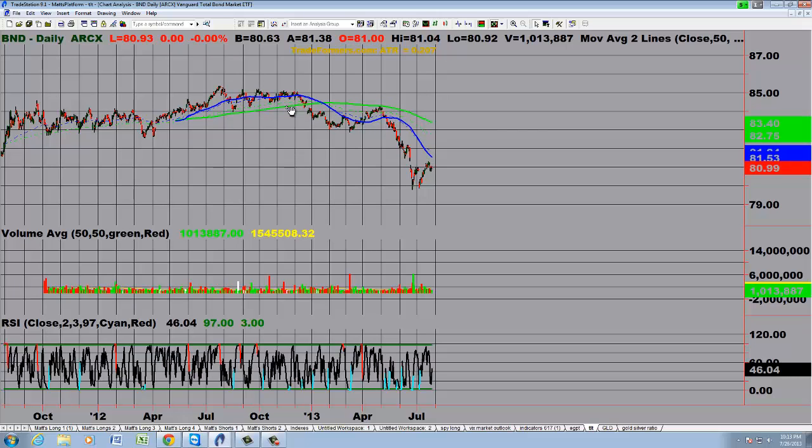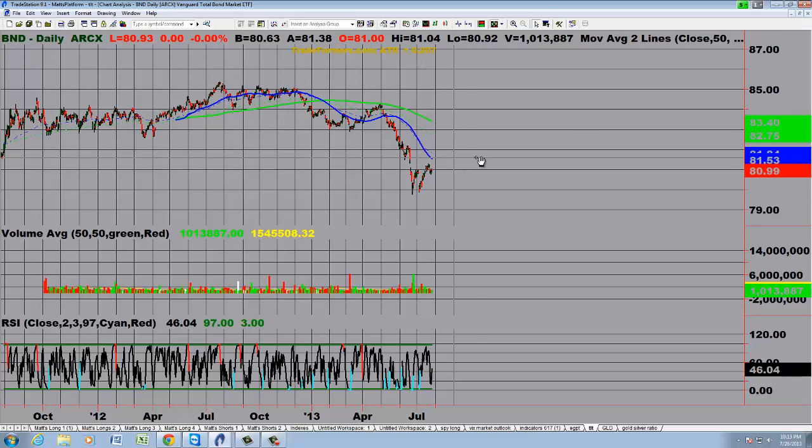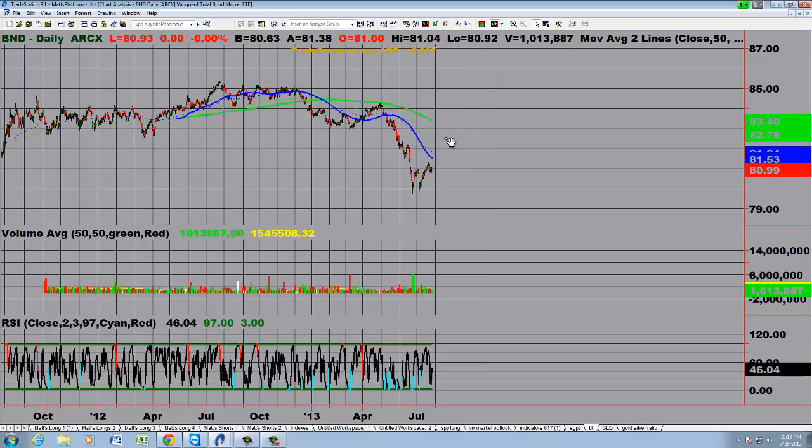You can see we really broke down, came right up to the 200-day moving average, almost textbook case, declining 200, tested it, and we're now trading in a bearish phase. Definite pressure on a conglomerate of all different types of bonds and different parts of the yield curve here. So again, more of a negative in the overall bond picture.